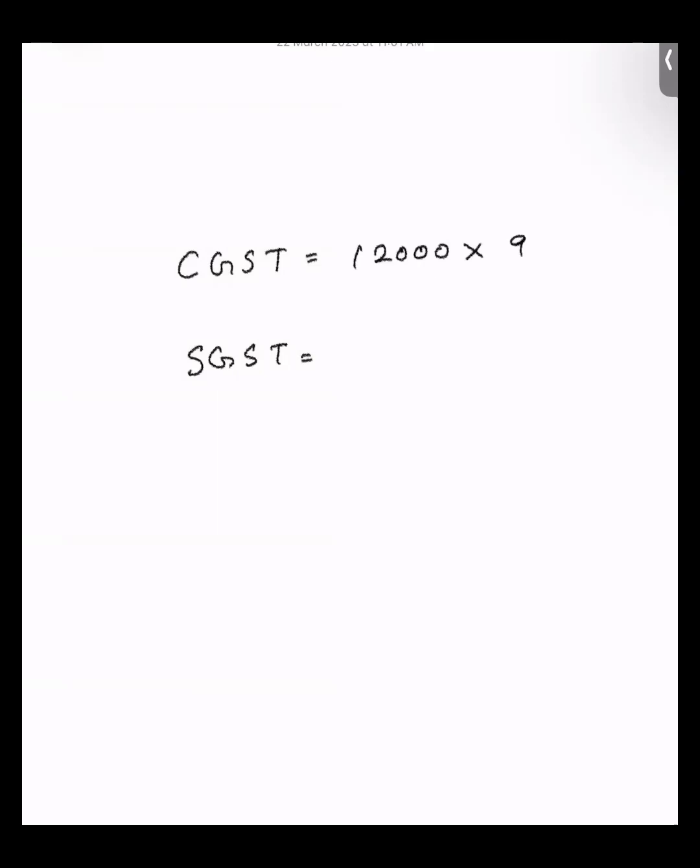So 9 by 100, 12,000 into 9 by 100 is going to be the CGST and SGST. That amounts to 1,080. Okay, so this is the CGST and SGST.